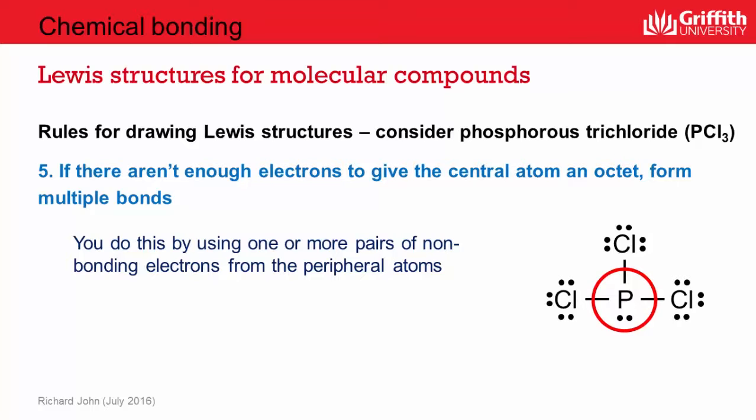We can also see that each of the chlorine atoms has 8 electrons surrounding it as well, so everything satisfies the octet rule. So rule number 5 is not relevant here. We're not going to form double bonds, and the central atom has 8 electrons, as do all of the peripheral atoms. So that's the Lewis structure for the molecule phosphorus trichloride, PCl3.